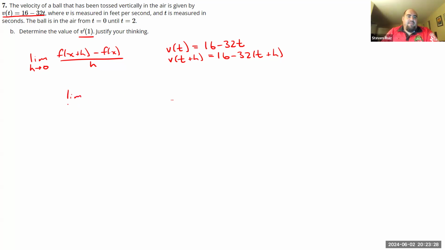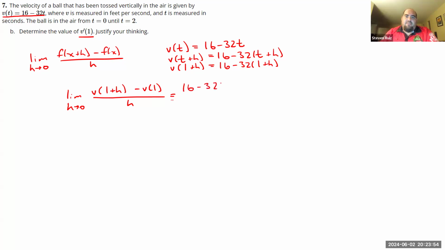So what I want to do is find the limit as h approaches 0 of v of 1 plus h minus v of 1, all over h. So what is v of 1 plus h? V of 1 plus h will be 16 minus 32 times 1 plus h, minus v of 1.